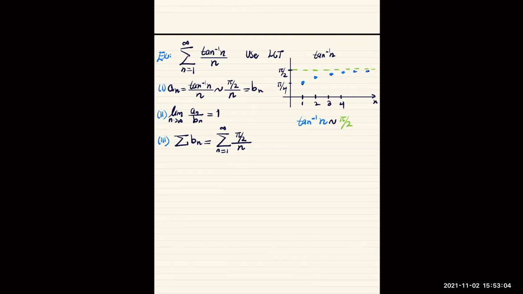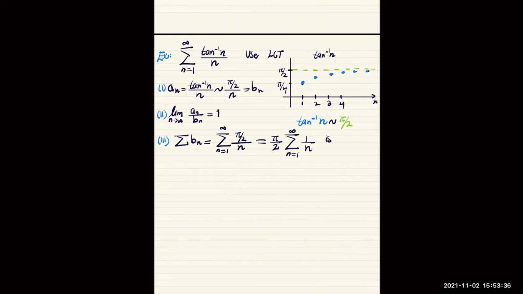Pi over 2 is a constant factor, just a rescaling factor. You could pull that out of any series. And you have the harmonic series. This is divergent. This is infinity. Pi over 2 times infinity is still infinity. This is just divergent.